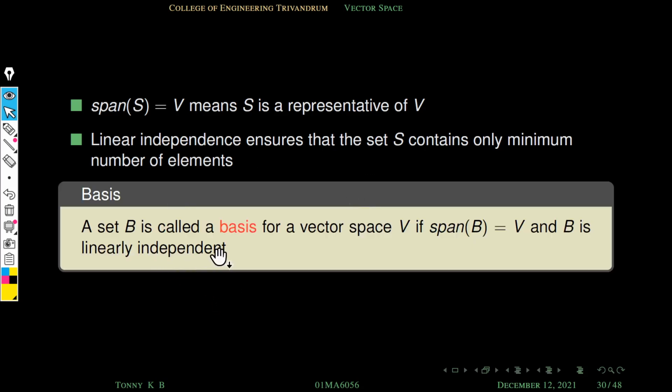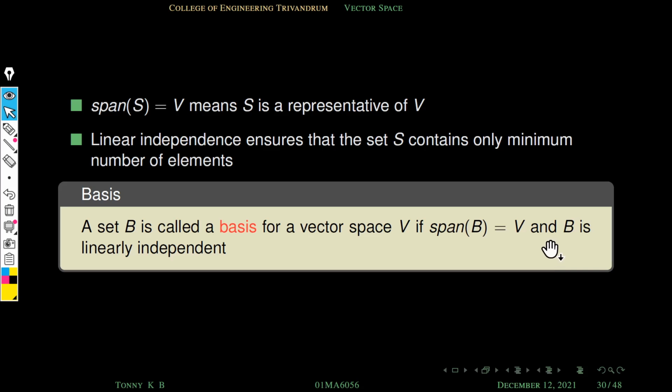A set B is called a basis for a vector space V if span B equals V. That means B is a representative of V, because we can generate the entire V using the set B. It is best only when B contains the minimum number of elements.